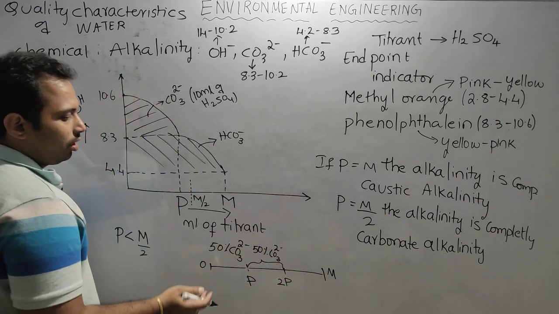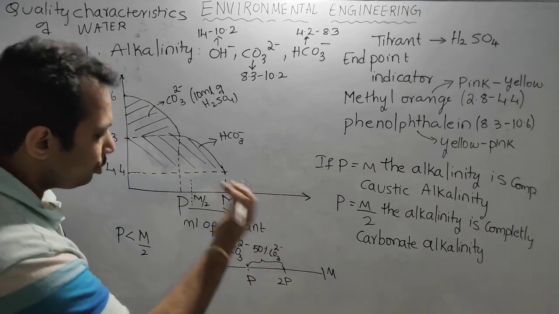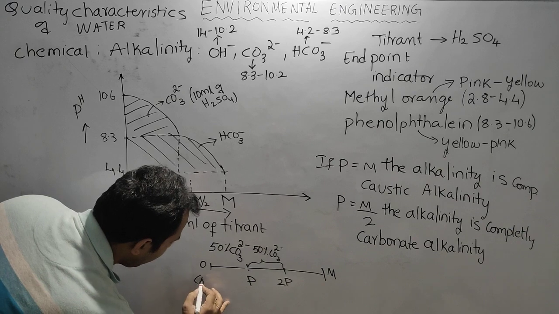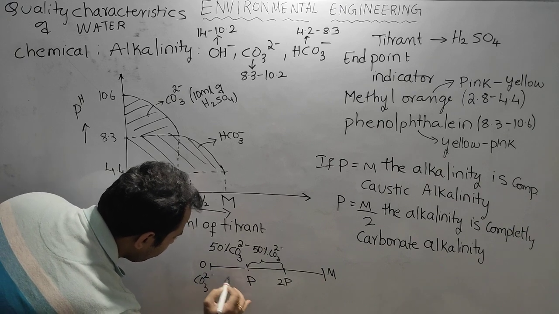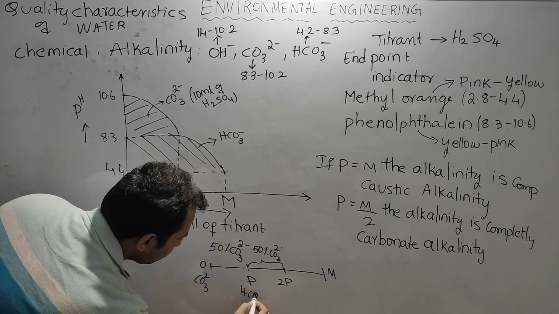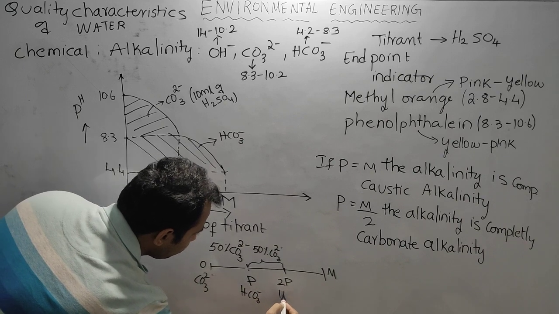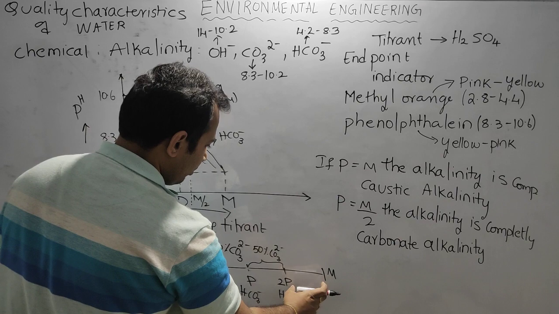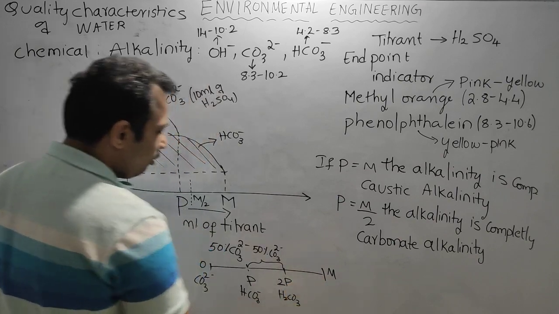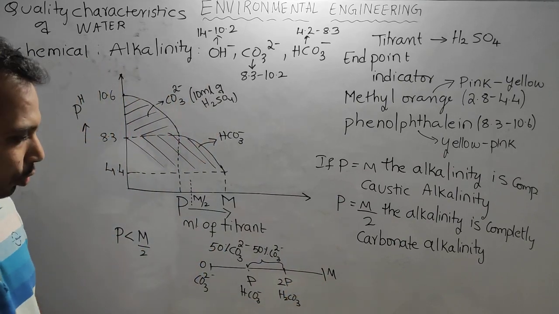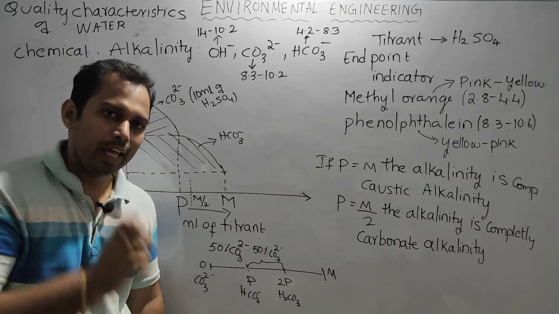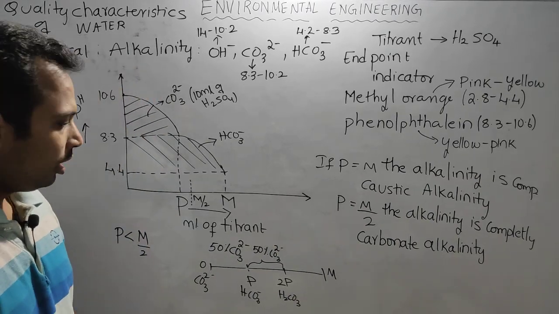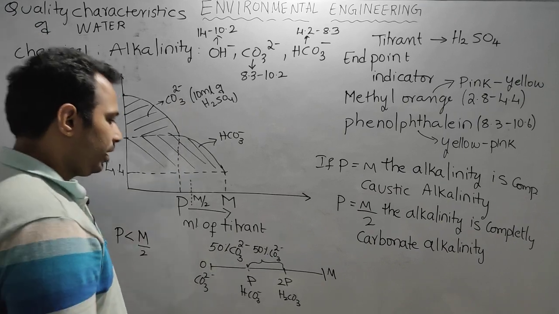That means HCO3 to H2CO3. This part is CO3 2 minus to HCO3 minus, and this is H2CO3. And in this part, as I told you, there will be inherent, already existing HCO3 present.